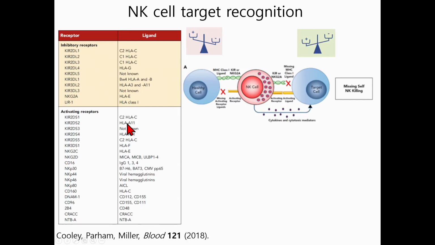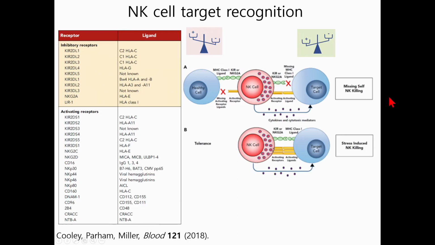One of the best-known examples is the missing self hypothesis. Cancer cells tend to downregulate class 1 MHC molecules to escape T-cell mediated killing. In that case, NK cells recognize the absence of HLA or class 1 MHC using their killer receptors and kill the target cells. So they don't do bad things to normal cells, but they can kill MHC class 1 downregulated cancer cells.